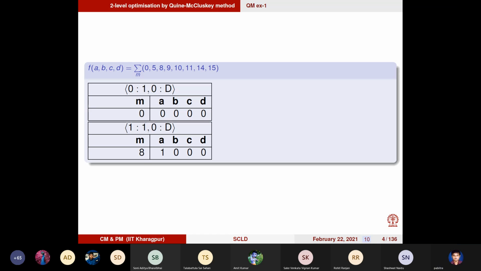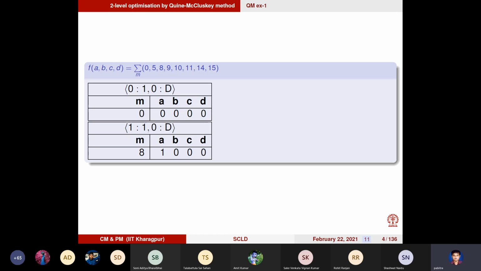For example, min term 8 is the binary representation of 8, 1, 0, 0, 0. The way to interpret it is that min term number 8 corresponds to the value of ABCD being 1, 0, 0, 0.